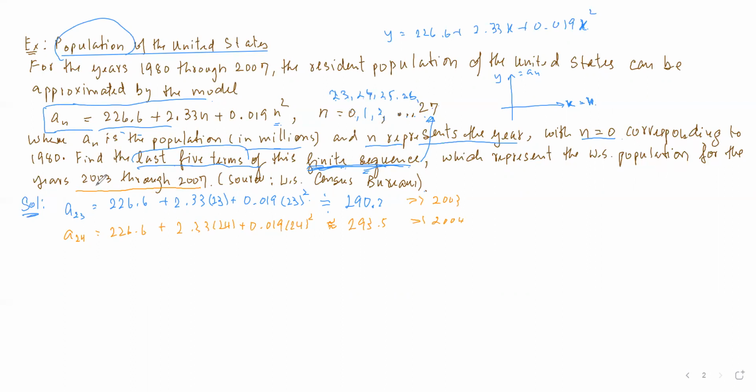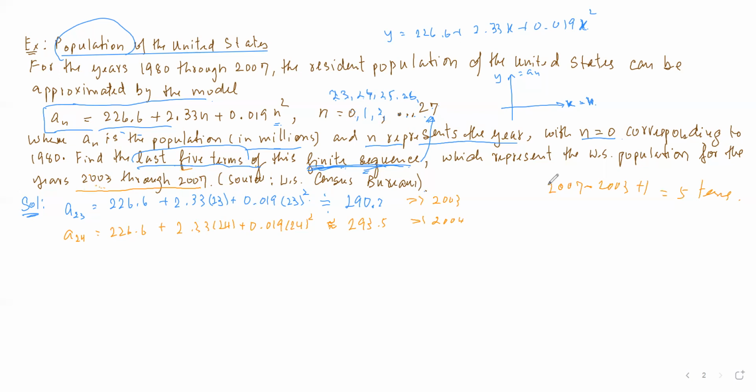They want you to find the terms for 2003 to 2007. So you can get the formula for the number of terms, or number of years in this case: 2007 minus 2003 plus 1. That's 4 years plus 1, equal to 5 terms. That's why they say they need the last 5 terms.